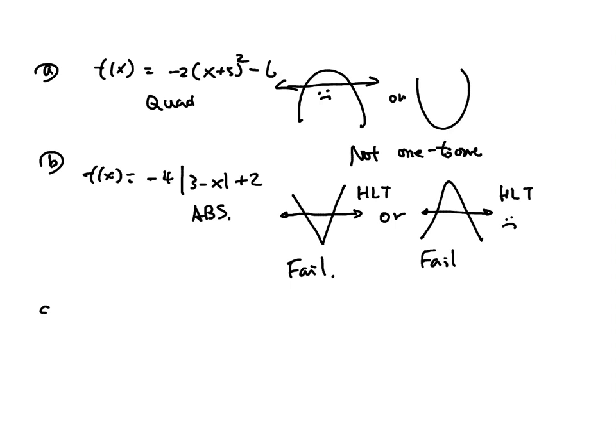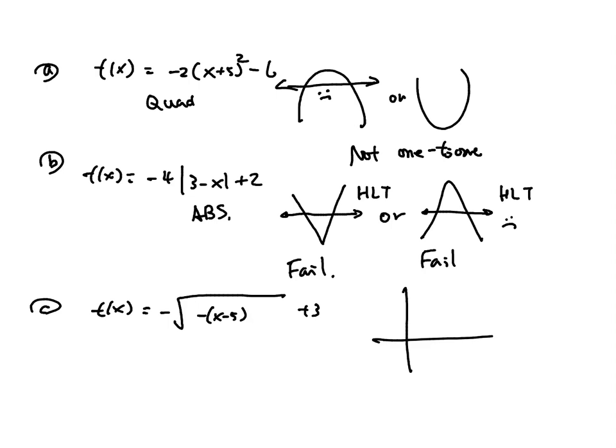Now part C. You have f of x is negative square root of negative x minus 5, plus 3. This is a square root function. Typically, if you have y equals square root of x, it looks like this.